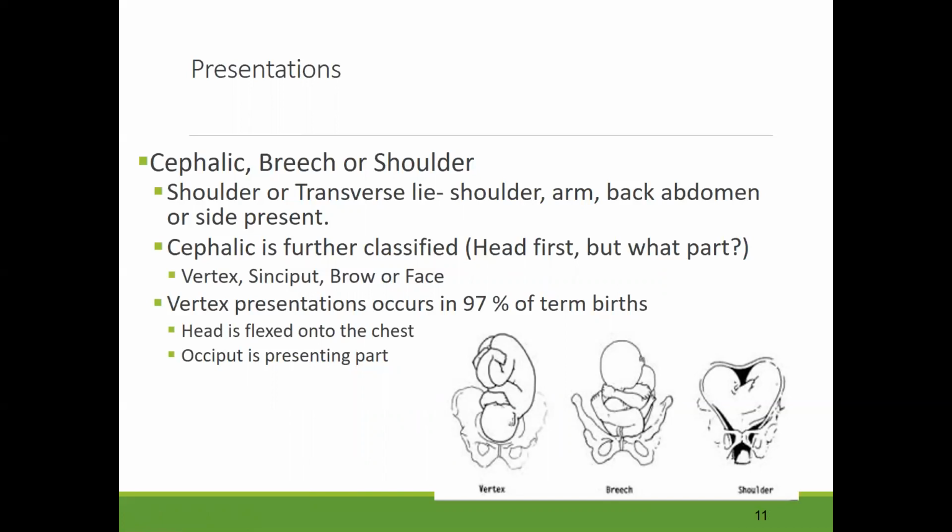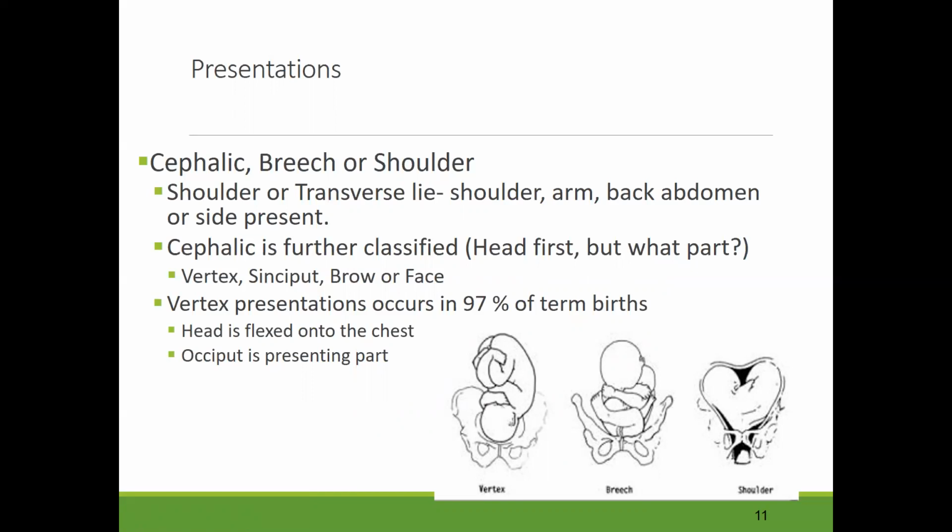Okay, so we talked about cephalic, breech, or shoulder. Those are the three names that they're given. So shoulder or transverse lie is like the shoulder, the arm, back, abdomen, or side could be presenting, what's trying to come down through that pelvis as a presenting part. Cephalic is further classified as head first, but what part of the head?